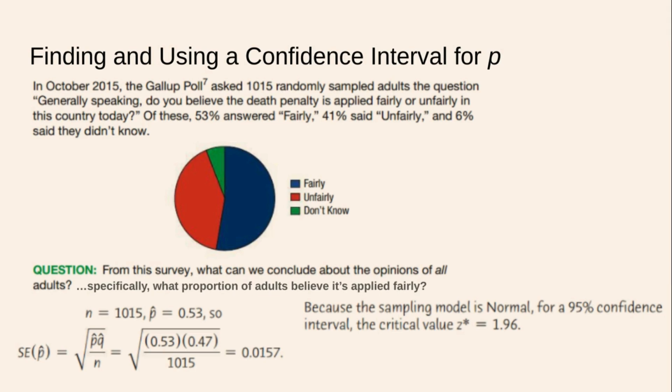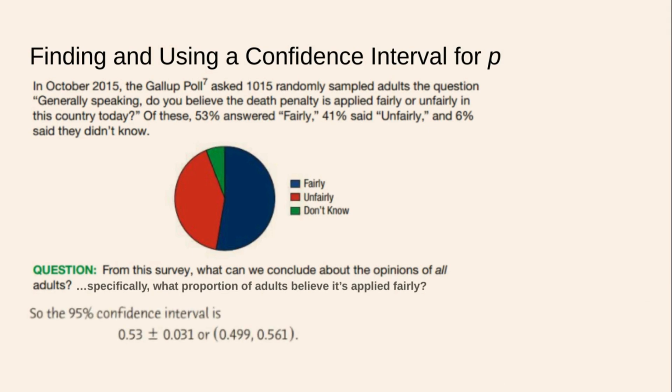So 1.96 standard errors to the left and right would constitute a margin of error that is 95% certain to catch that true population proportion. Okay, so the margin of error is z star, my number of standard errors, times the standard error. So we take our standard error from over here, we multiply by 1.96, and we get a little north of 3%. All right, so that's our margin of error on either side.